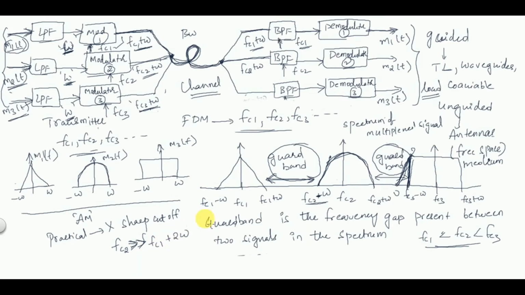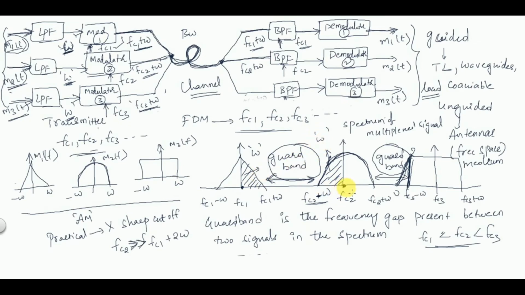Why? This is fc1 here, and the frequency gap here will be W, and the frequency present in this lower side band, and here the upper side band, is going to be W.